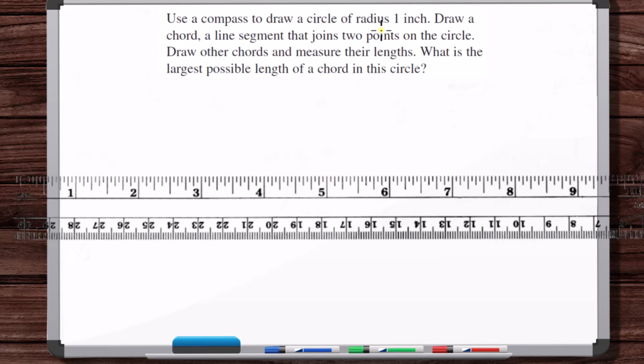So it's set to a radius of 1 inch. And so what we can do here is, like that. Let me make sure this is on the mark here. Yeah, it's right at the 4, and then it's crossing right through the 5. So the radius is 1 inch.